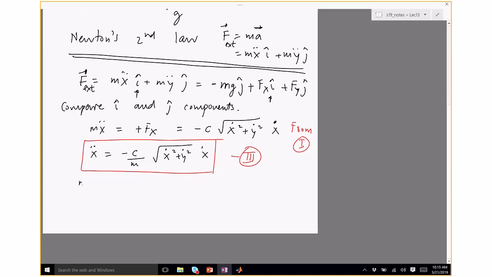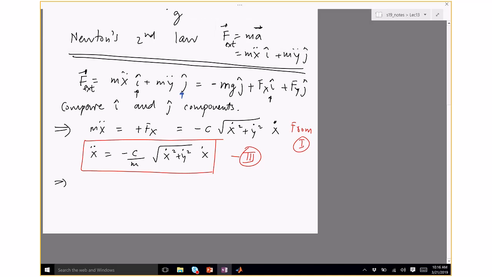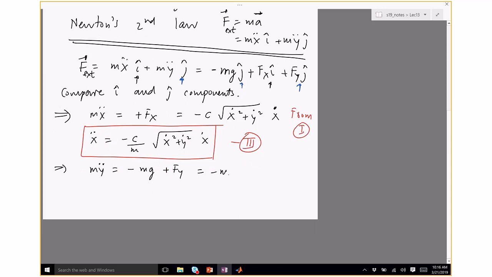And then the other equation is comparing the j component from this equation. So j, j, j. I have on the left side m y double dot equals minus mg plus Fy, but Fy comes from 2. I derived it earlier. It's similar to this one, but x dot on the right side is replaced with y dot.